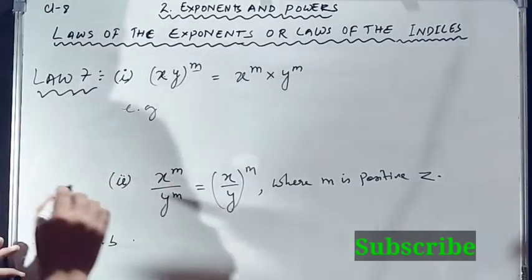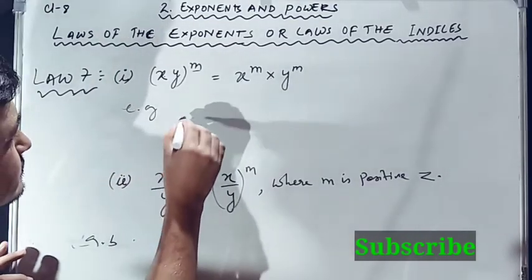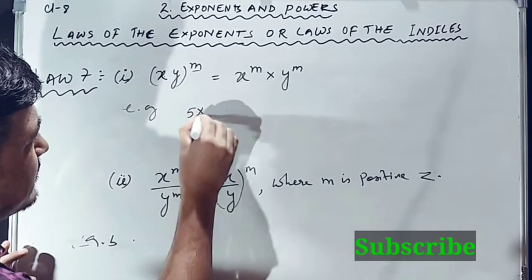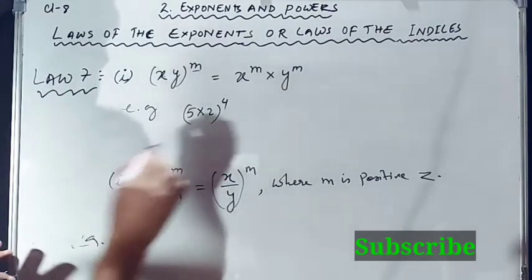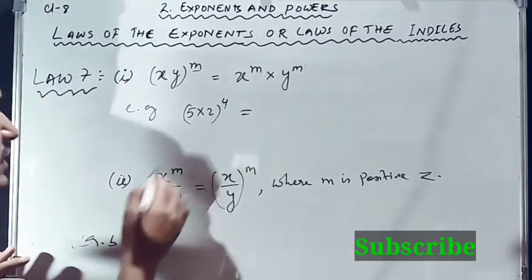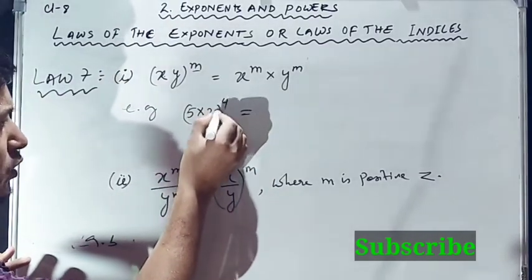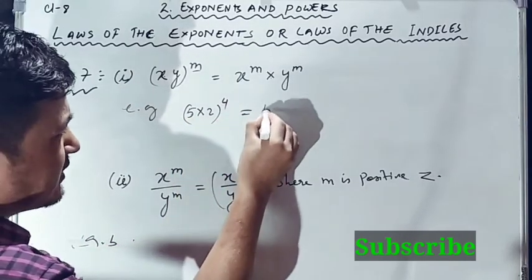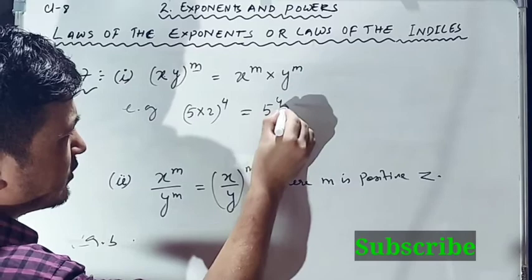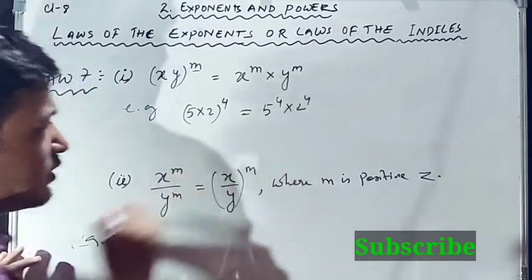Suppose I have 5 into 2 whole raised to the power 4. It means that this power 4 is of 5 also and 2 also. So I can write it as 5 raised to the power 4 into 2 raised to the power 4.